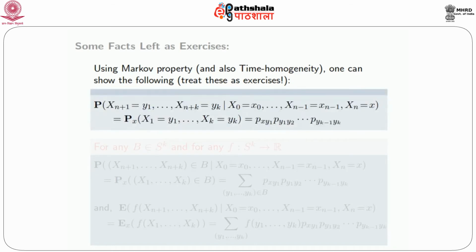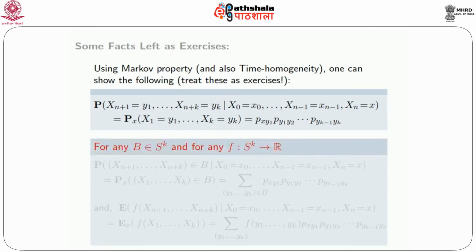It talks about, given the past history up to time n and given that at present time n you are at x, the conditional probability of successively moving from x to y1, then to y2, then to yk in the next k steps. That probability is simply given by the product of the transition probabilities, which is the extreme right hand side of this identity.